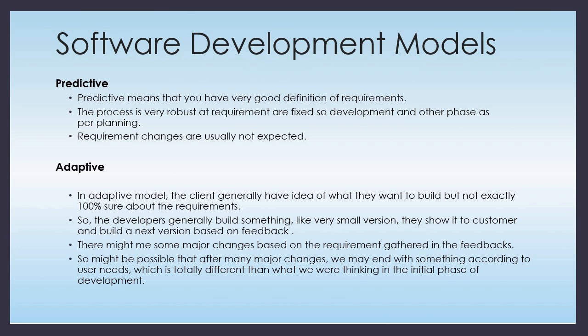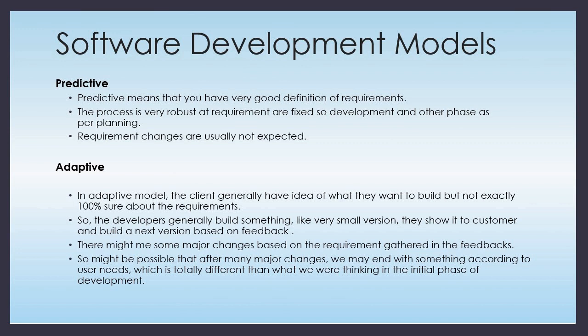In a predictive software development model, we have a very good definition of requirements. The process is very robust. As the requirements are fixed, the other processes can also be completed in a step-by-step way. In a predictive model, requirement changes are usually not expected.